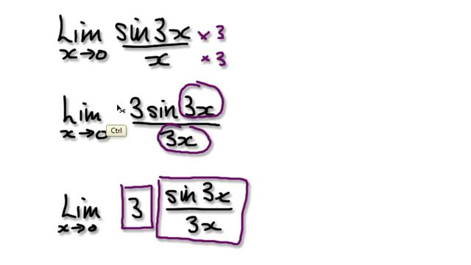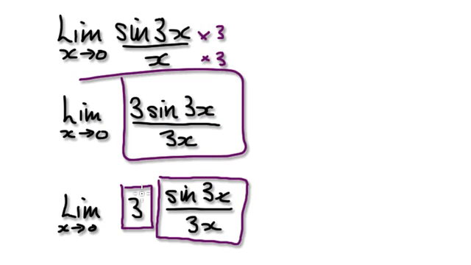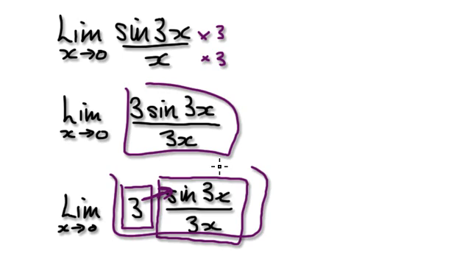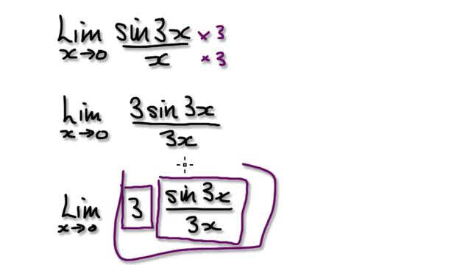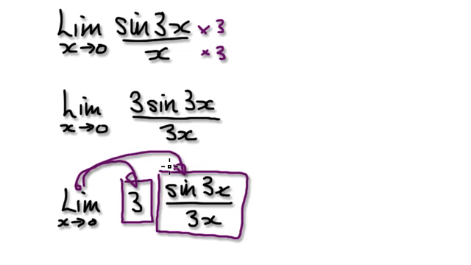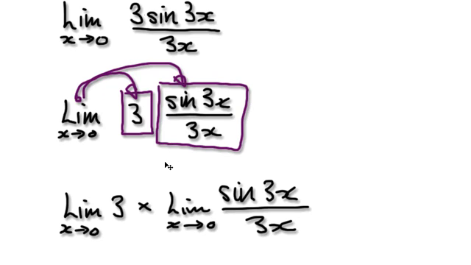But let's visualize this thing here as a 3 multiplying this fraction here, because when you multiply a fraction, it gets multiplied to the top. So this thing here is exactly the same as this, but visualize it like this. Now you can jump into here and into here, so take the limit of both.